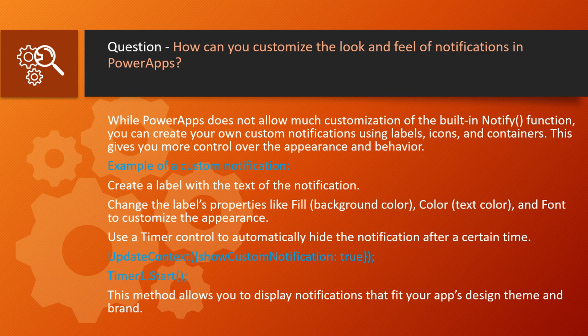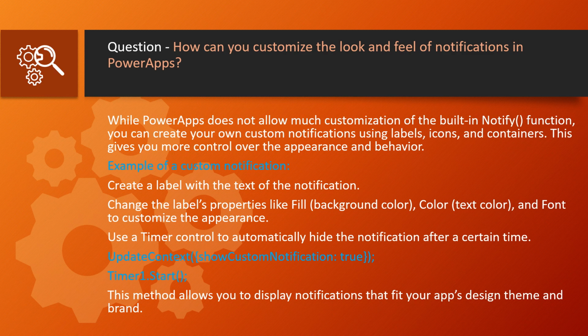So how can you design the custom notification? First create a label with the text of the notification. Whatever notification you want to show, just set it into the text property of the label. Then change the label properties like fill for background color, color for text color, and font to customize the appearance.